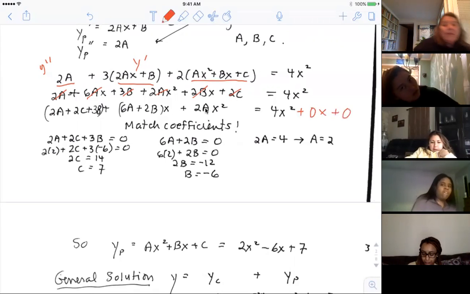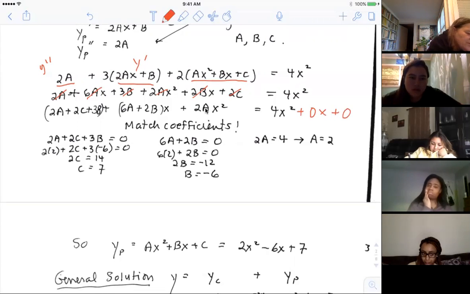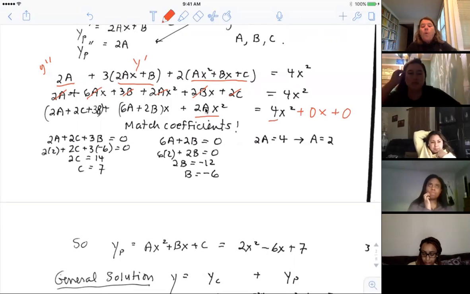That's a quadratic. So if I look at the left-hand side, the easiest one to look at here is this one right here. The coefficient on x squared is 2a, and on this side, the coefficient on x squared is 4, so I need to set 2a equal to 4.